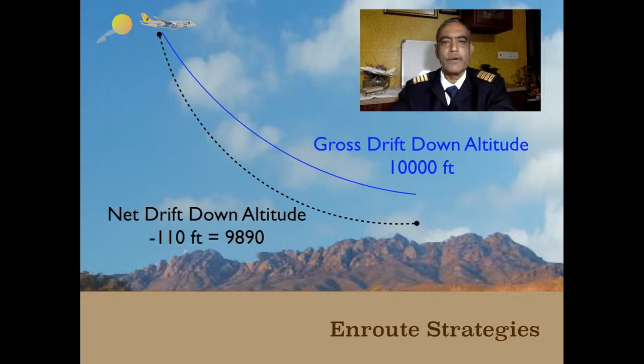Suppose the gross drift down altitude were to be 10,000 feet, when diminished by 1.1%, it would be 110 feet, and the net drift down altitude will be 9890 feet. So I hope that makes it very clear. So 9890 is a more conservative figure than 10,000 feet, though the difference is marginal at this range. You must appreciate if at 20,000, 1.1% will result in much higher difference.